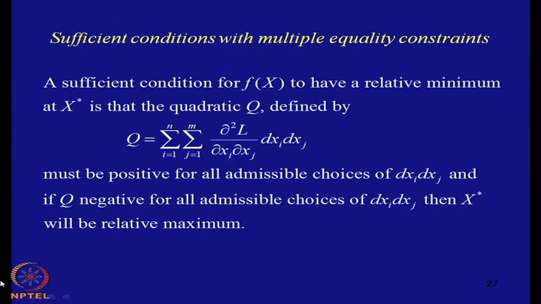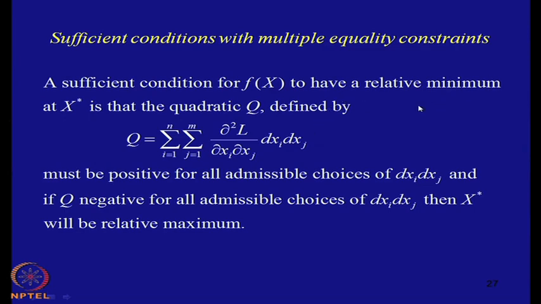Now, before going into detail of the application of this technique for a nonlinear programming problem with more than 2 variables, let us first introduce the sufficient condition for dealing with equality constraints, where we have m constraints and n decision variables. Here also, L is a function of m plus n variables.